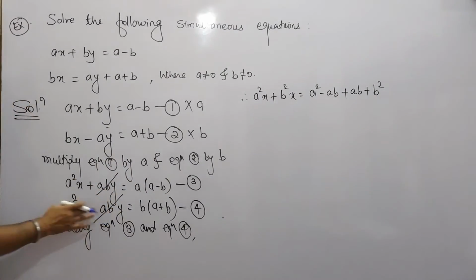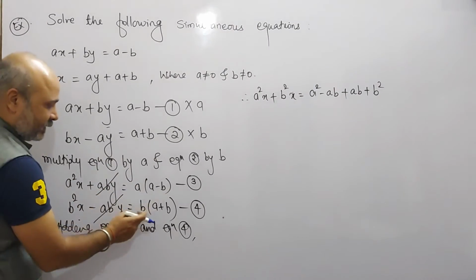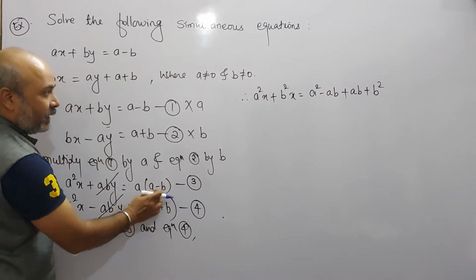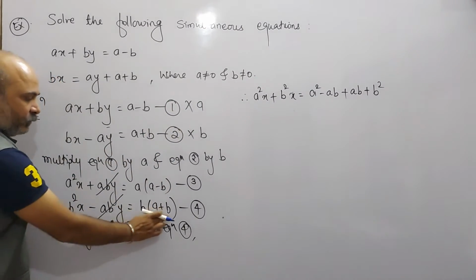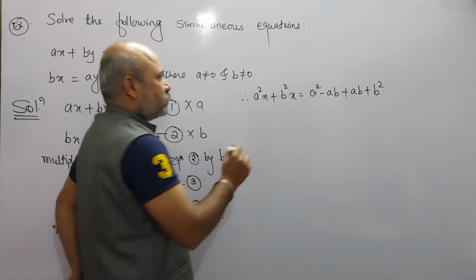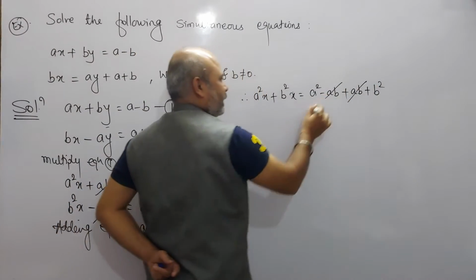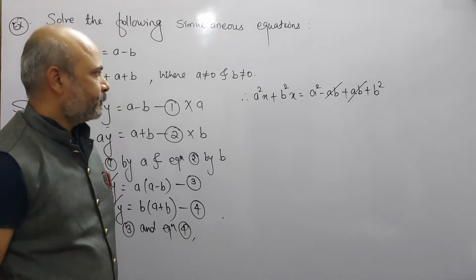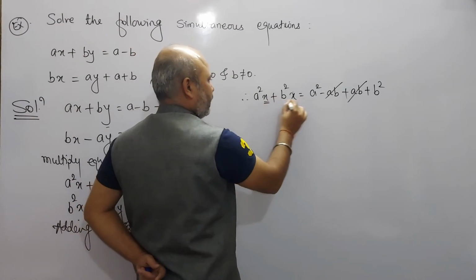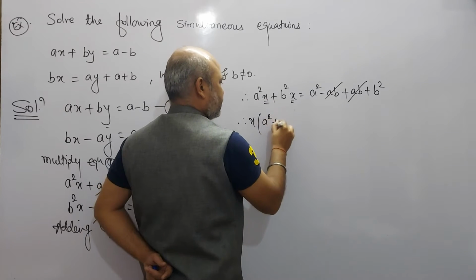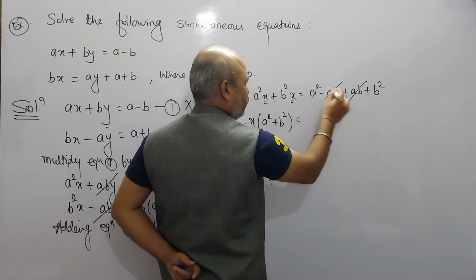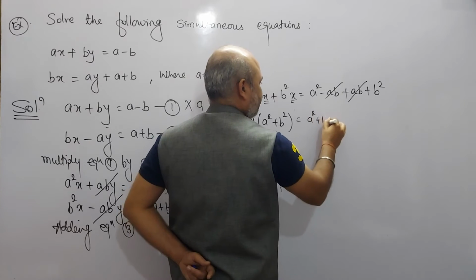Similarly y cancels out, so on the right hand side, a square minus ab plus b into b square. So plus ab and minus ab again will cancel out. And here what is common? x is common, so take x as common, and you will get a square plus b square, and this is equal to a square plus b square.